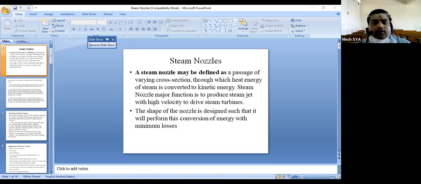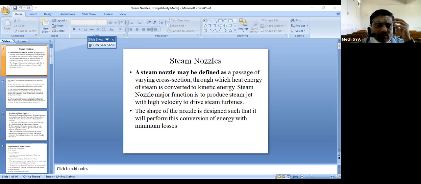Therefore these wheel blades will rotate. As the fluid steam suffers a loss of momentum, the steam's velocity is given to the blade, and the blade's velocity will increase.